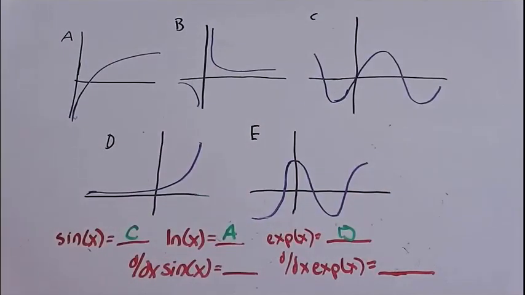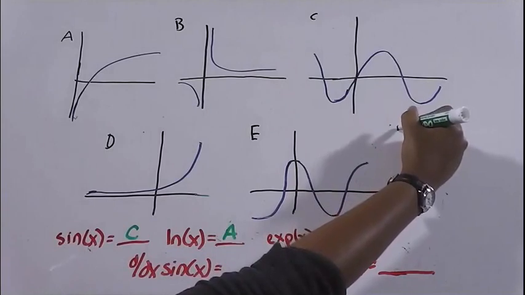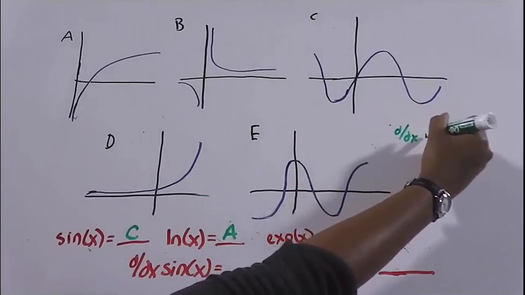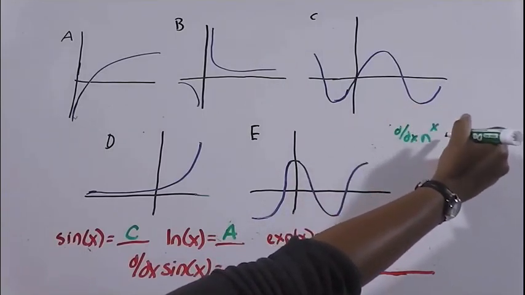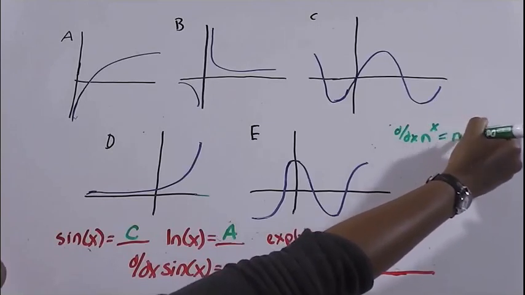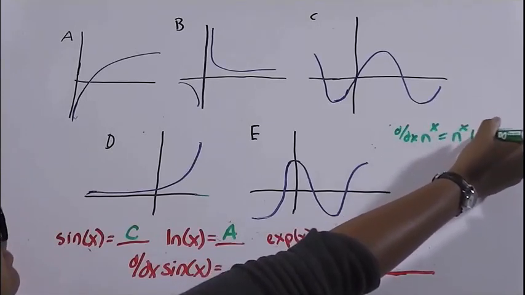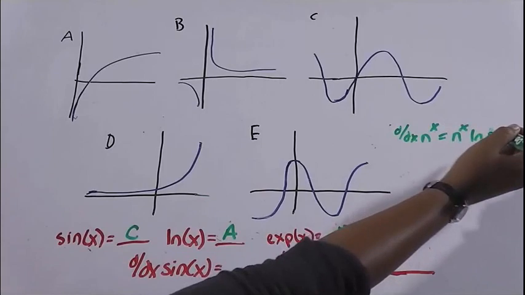So let's go down one and do the derivative of an exponential function. The derivative of any number raised to x is equal to that number raised to x times the natural log of that number.